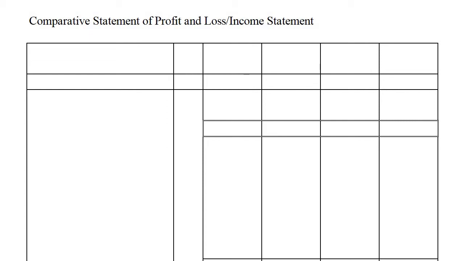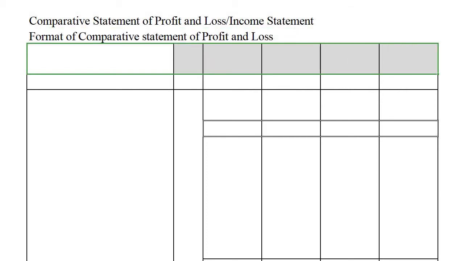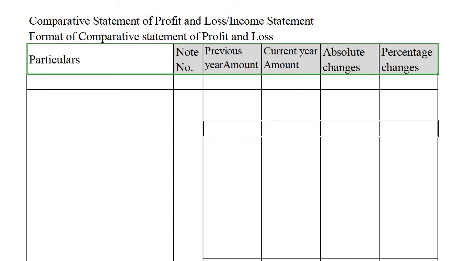So here is the format of a comparative statement of profit and loss. Let us see how it is to be prepared. We have to prepare the columns like this and give the headings: particulars, the note number, that is, the notes to accounts number, which should be written, and previous year's amount.